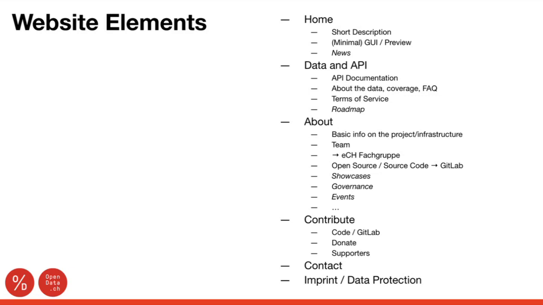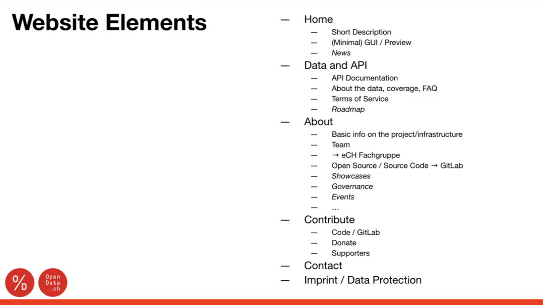We're going to have the documentation there, or probably linked to a separate page, and also, connecting to Terry's question, a section about the data, including coverage and FAQ. So we're going to say, okay, where do we get the data? To what extent is it complete? How do we deal with different languages? So really a kind of documentation on the data as well.